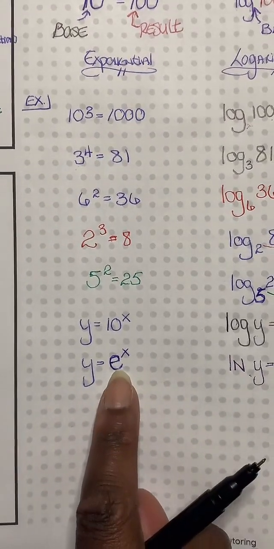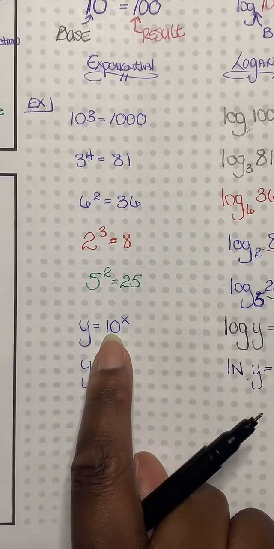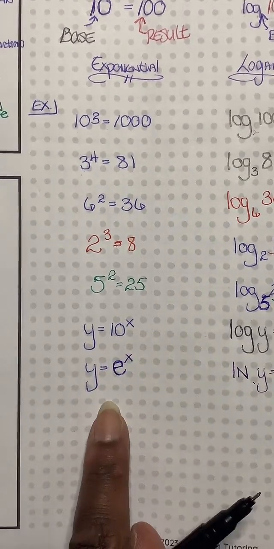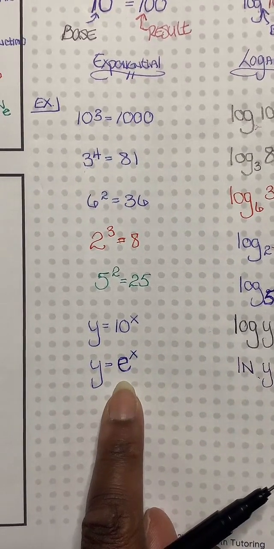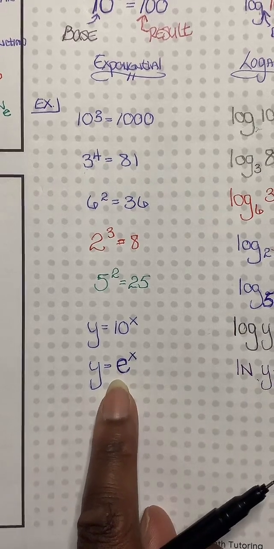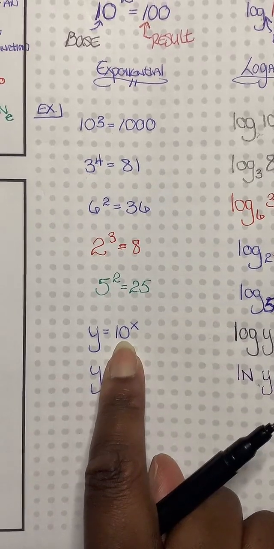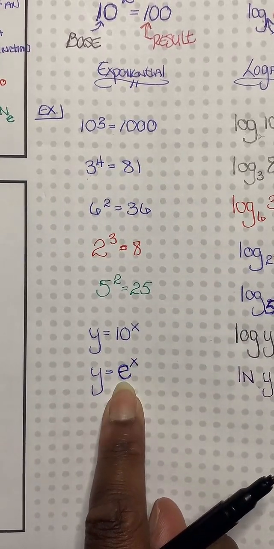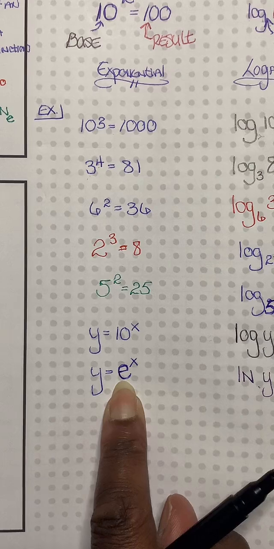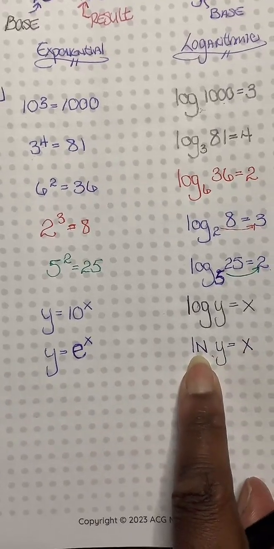Okay. Since we have a different base, before we had numbers, then we had this letter e. So this is telling me it's a natural log. So instead of log, we're using ln.